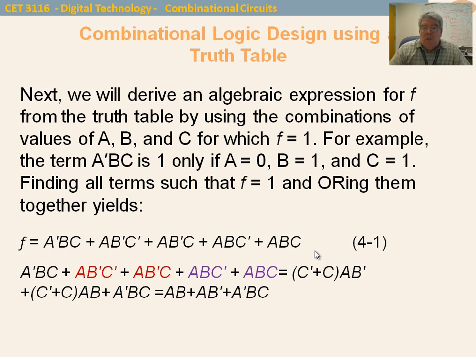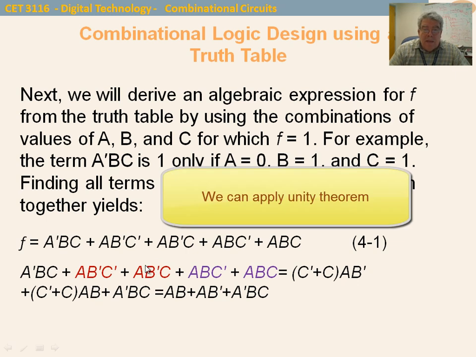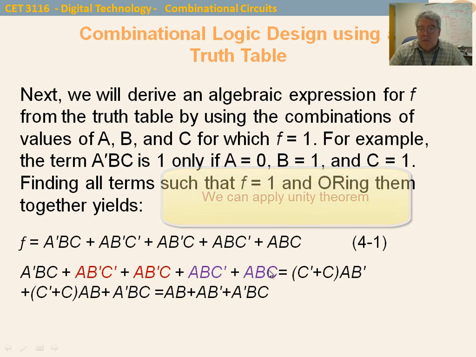So if we proceed to minimize that, we may, for instance, recognize that these two terms here have in common the A and the B naught, and the C naught and C are part of the factor on either side. Therefore, I can apply one of the theorems and combine these two terms.